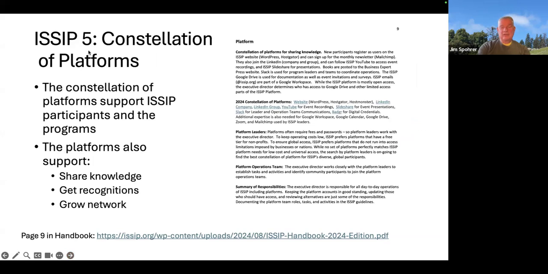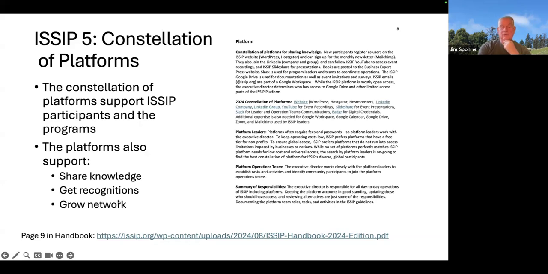ISSIP learning item number 5 is the constellation of platforms. And ISSIP depends on LinkedIn. It depends on YouTube and SlideShare and Zoom. So there's a whole constellation of platforms that support the ISSIP participants in the programs. And again, the platforms support the sharing of knowledge, getting recognition.